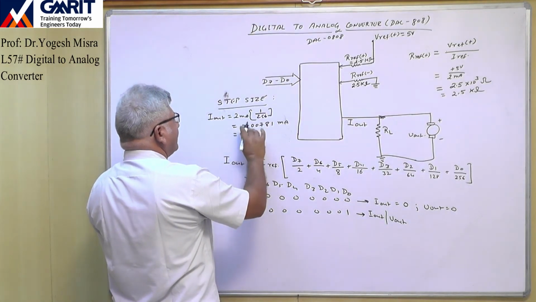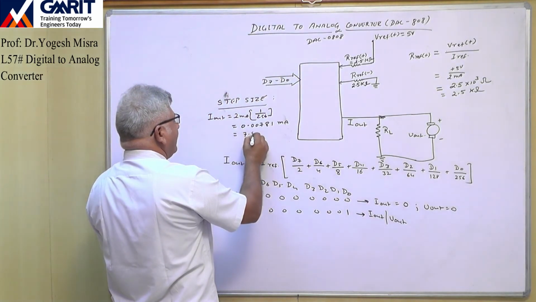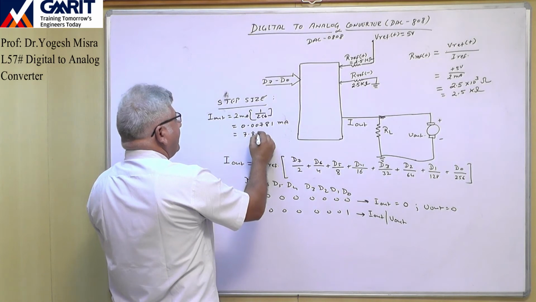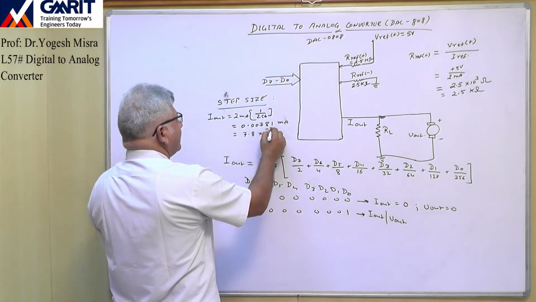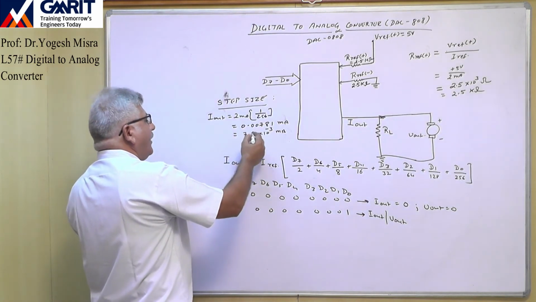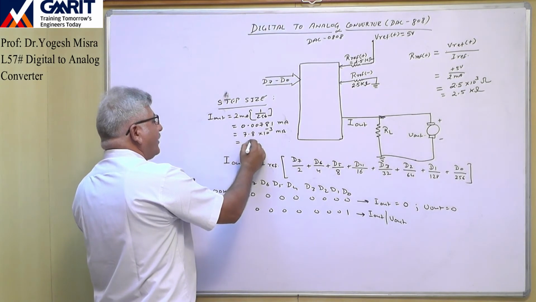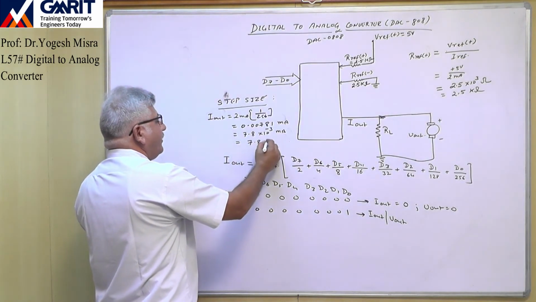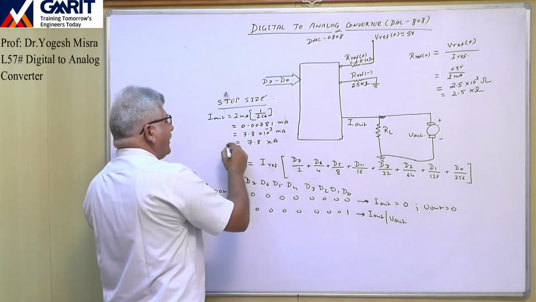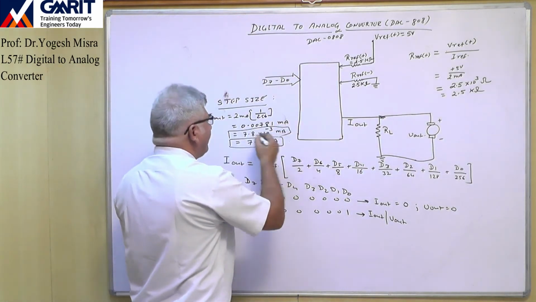We will save the decimal 3 points on the right side, so it will be 7.8 into 10 raised to the power minus 3 milliampere, and this 10 raised to the power minus 3 milliampere is microampere. So this is 7.8 microampere.